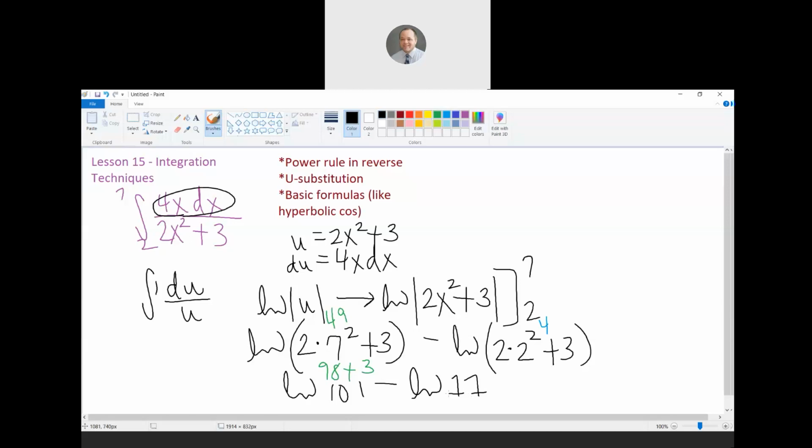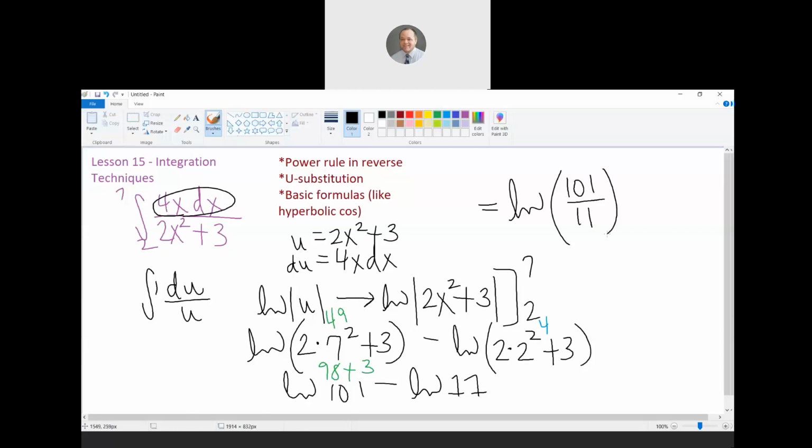Probably MyMathLab is looking for you to simplify your answer. So you just undo the quotient rule for natural logs. Anytime you have subtraction, you can write this as one natural log with division.